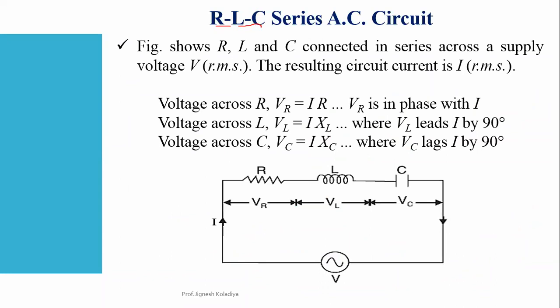If you connect all three elements together, then what is the relation between voltage and current, means the phase angle relation, and what should be the power output? That is what we have to see now, and this is the most important case for circuit analysis.